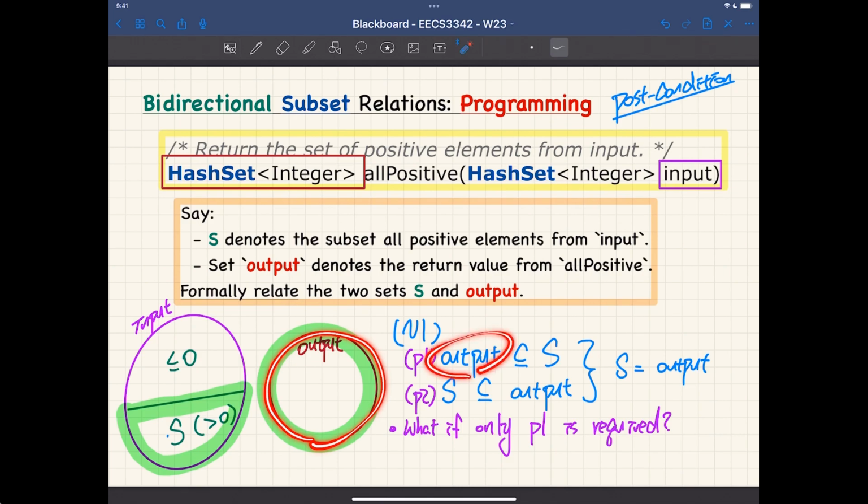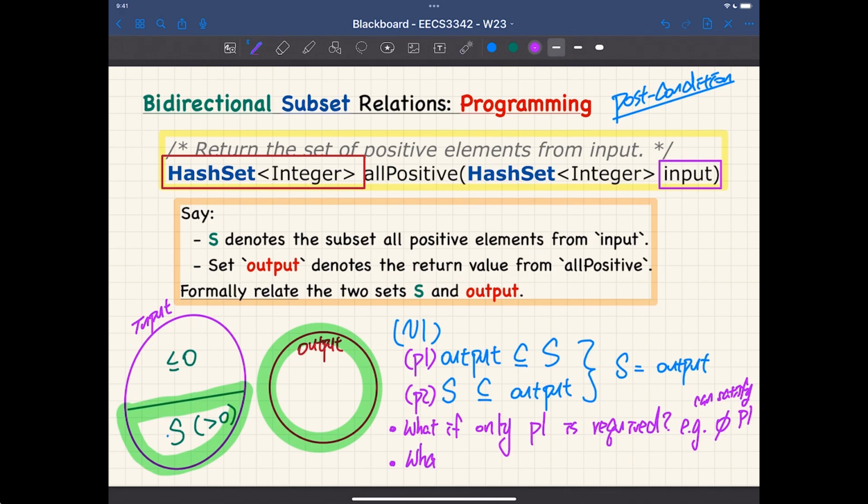Because you can easily say output is empty. In that case, everything that's in the empty set is also here. In that way, you're not returning something very useful. So that's one example: the empty set can satisfy P1.